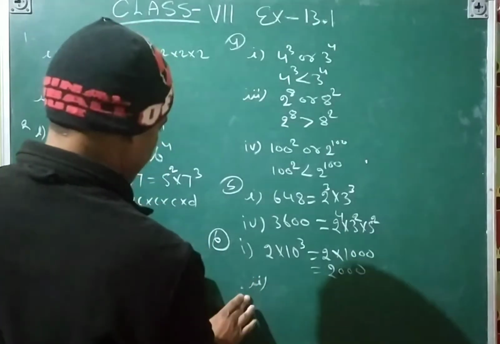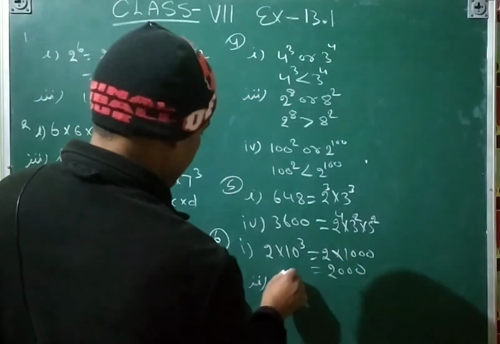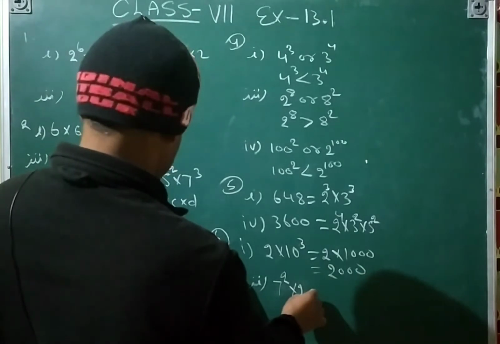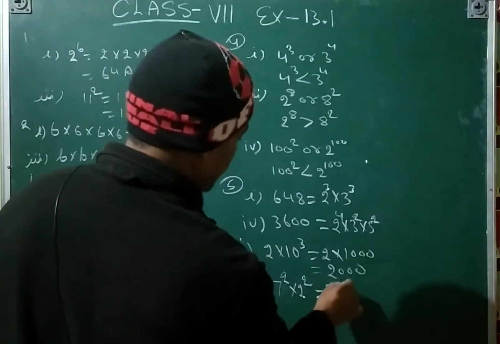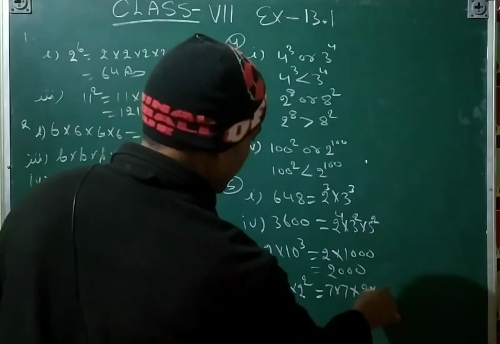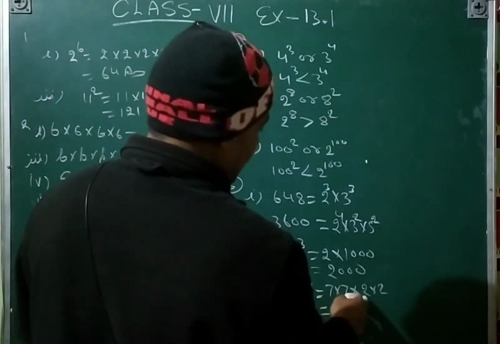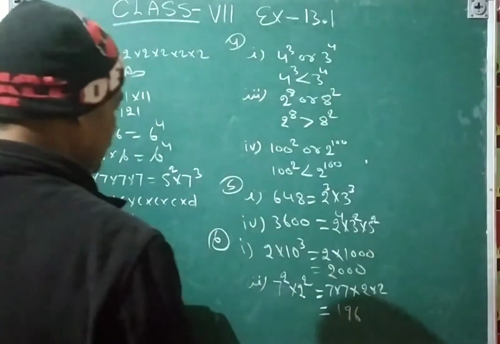so second part, that is 7 power 2 multiply 2 power 2. So 7 power 2 means 7 multiply 7, and then multiply 2 multiply 2. So 7 sevens are 49, 49 into 4 is 196, and like this you will write.